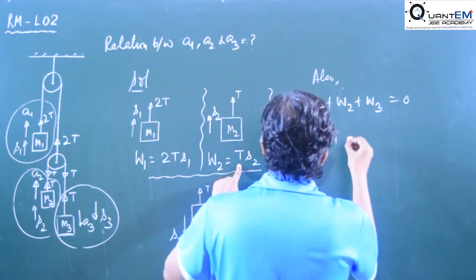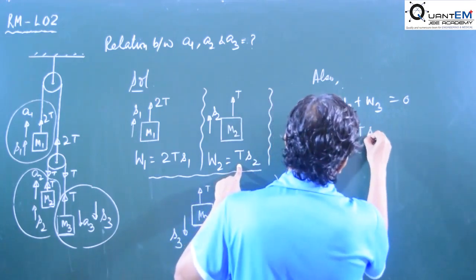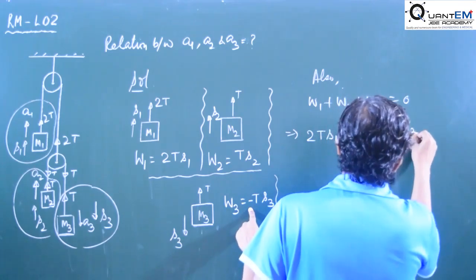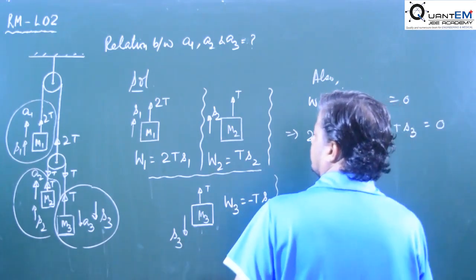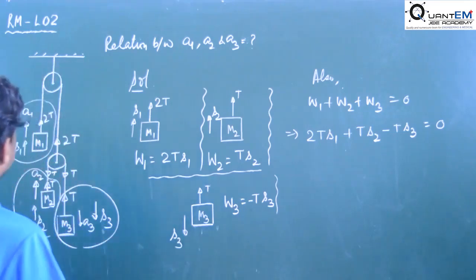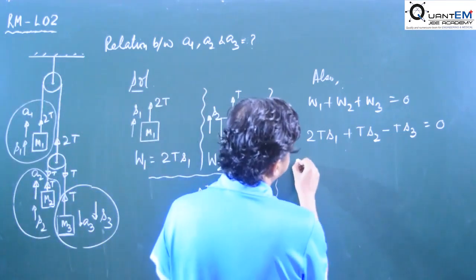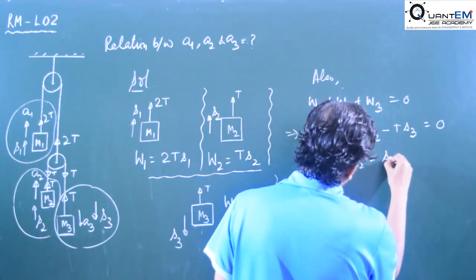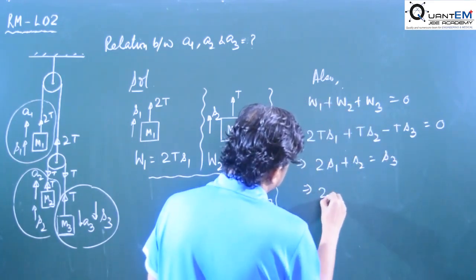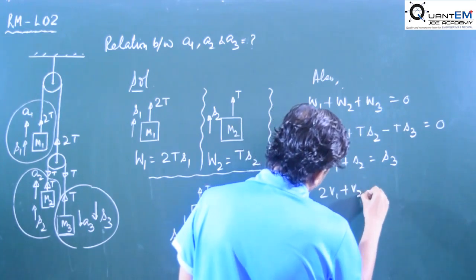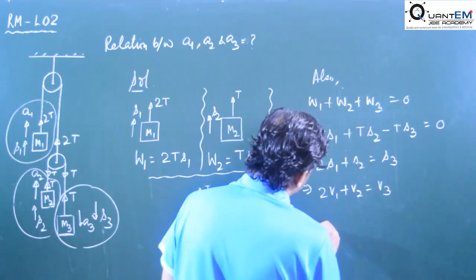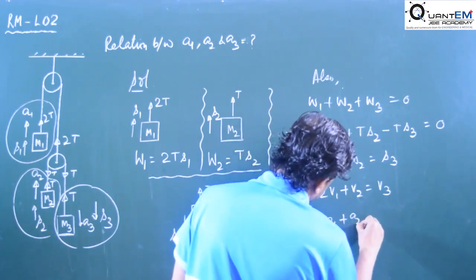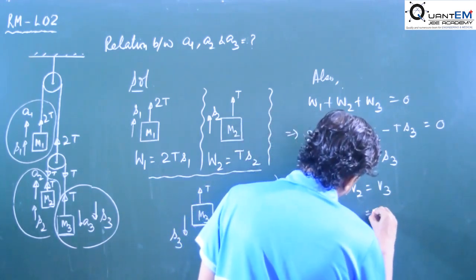2T s1 plus T s2 minus T s3 is equal to 0. So what we get is 2 s1 plus s2 is equal to s3, or 2 v1 plus v2 is equal to v3, and also 2 a1 plus a2 is equal to a3.